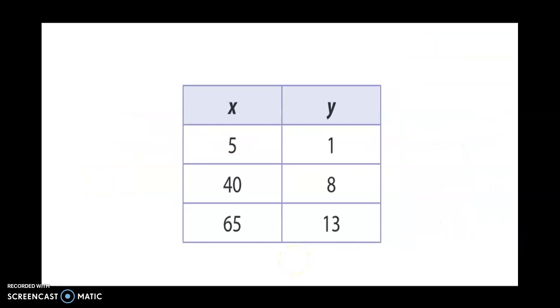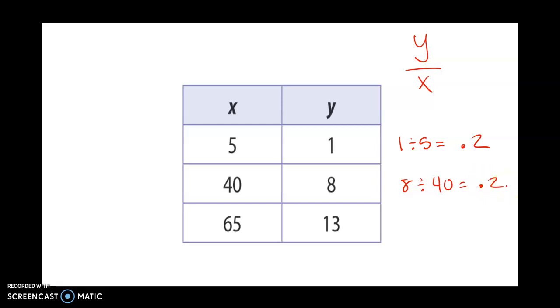Let's test this one out. So y divided by x, 1 divided by 5. Don't tell me it's 5. 1 divided by 5 is 0.2. 8 divided by 40. 8 goes in the calculator first. 0.2.